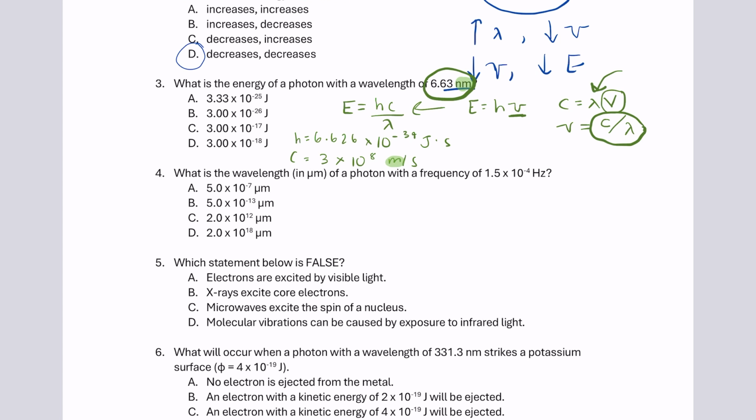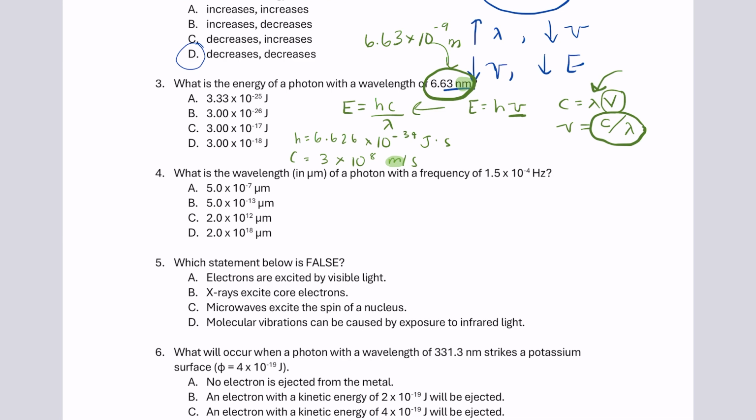So we need to convert one of these variables into units of meters. It's easiest to convert wavelength from nanometers to meters. And we can do that very easily because we know 1 nanometer is equal to 10 to the minus 9 meters. So we can rewrite wavelength as 6.63 times 10 to the minus 9 meters.